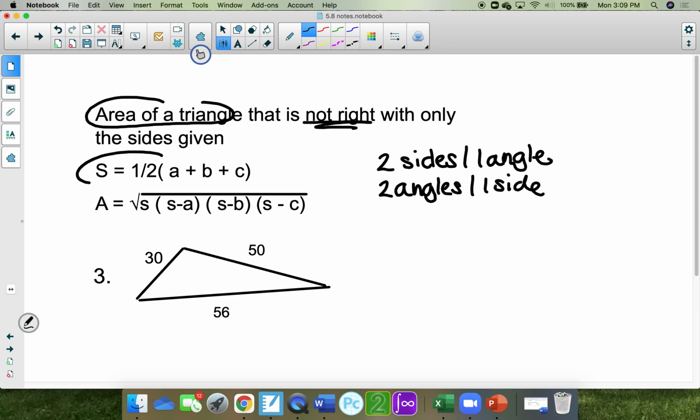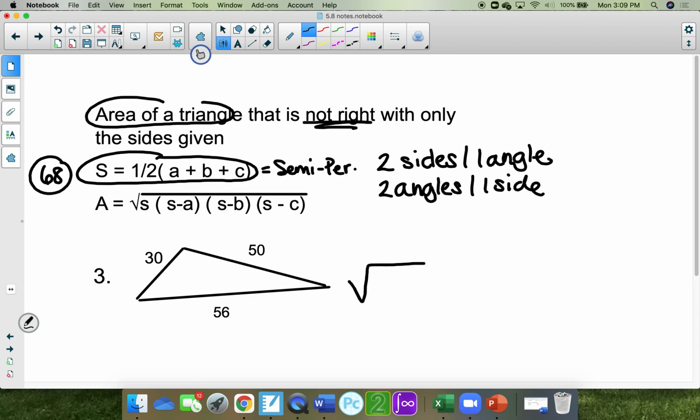The first thing you have to do is take the semi-perimeter, half of the perimeter. It's called the semi-perimeter because you add up the whole perimeter all the way around: 30 plus 56 plus 50, and you get 136, but you have to take half of that. So you add up all the sides and divide by 2, and you're going to get 68.